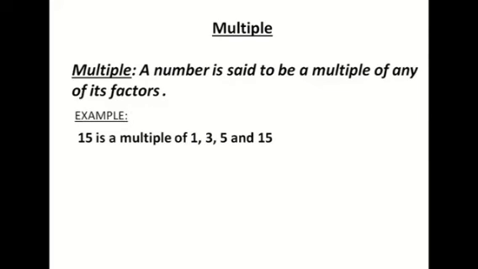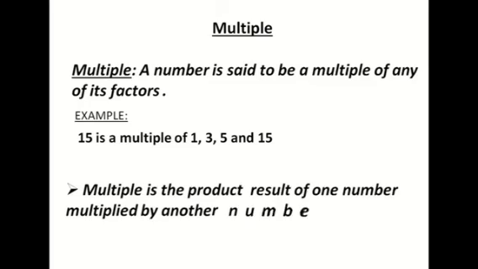So 15 is a multiple of 1, 3, 5 and 15. Actually, if we take two numbers and do the multiplication, the product will be the multiple of the multiplicand and the multiplier. So a multiple is the product result of one number multiplied by another number.